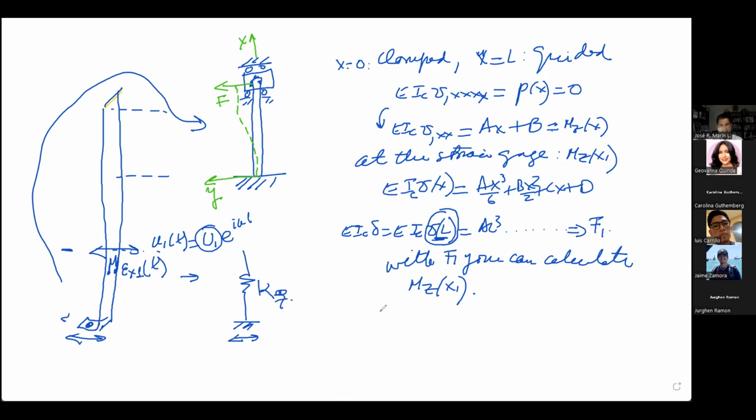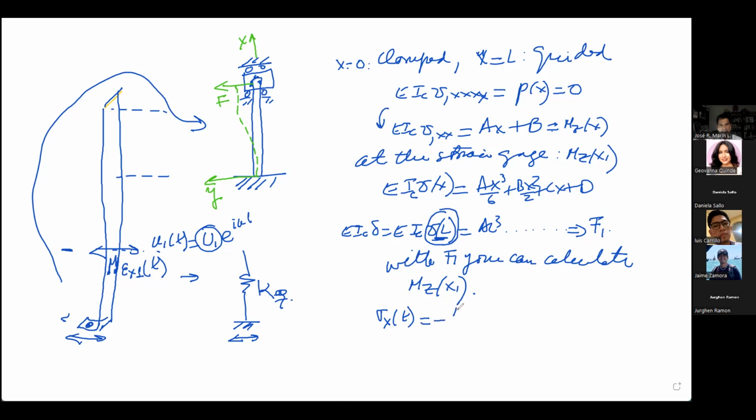Anybody? Doctor, is the next step possible stress? Yes, calculate normal stress, but now this normal stress depends on time. Why? Because this is not a constant, because this is moving.